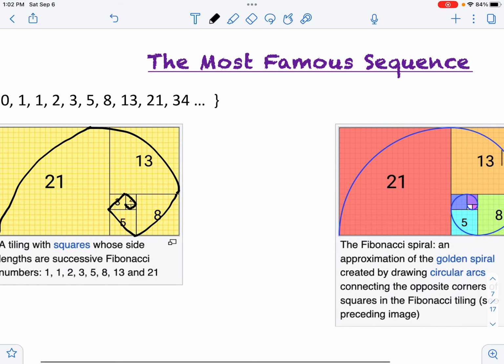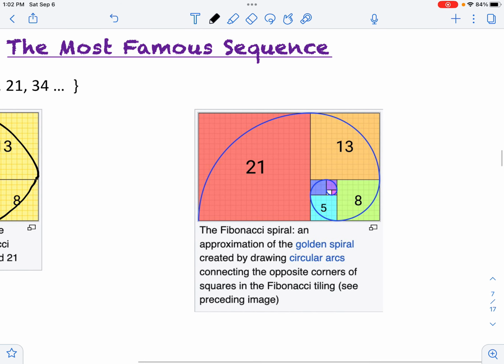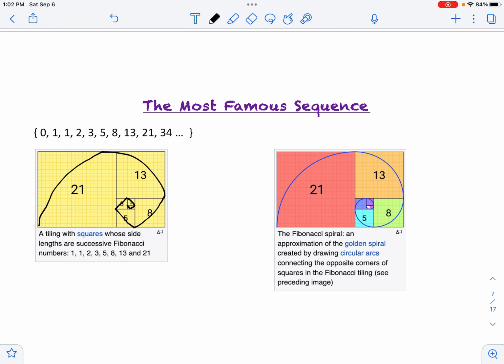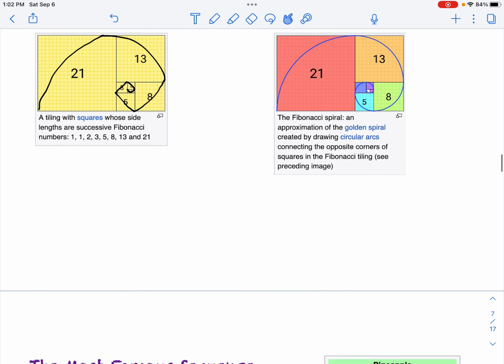And this spiral is pretty cool because this is called the golden spiral. And it's, again, created by drawing circular arcs that are connecting the opposite corners. And the reason that this is pretty cool is because this shows up in nature all around us, and that's why the Fibonacci sequence is so famous.